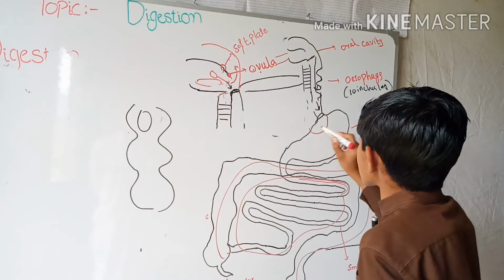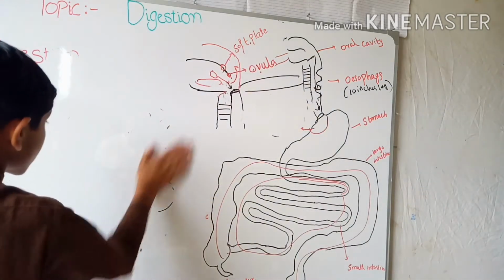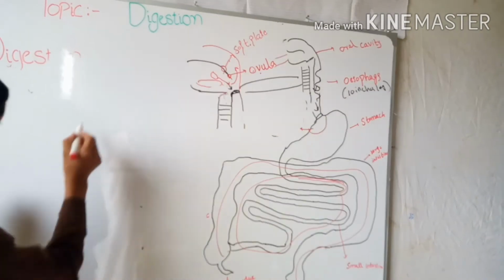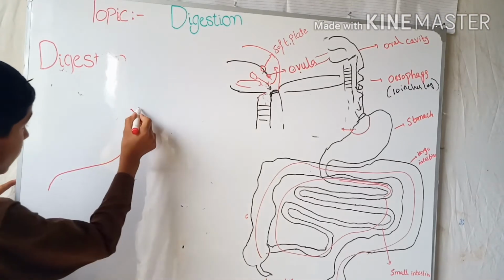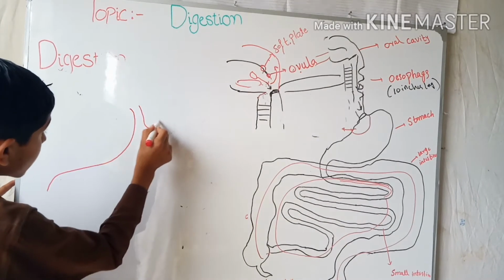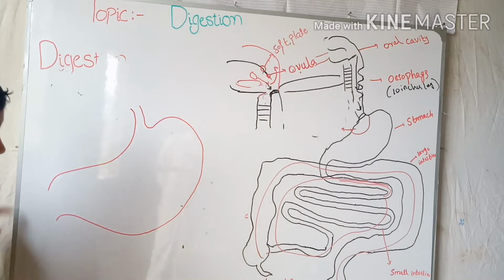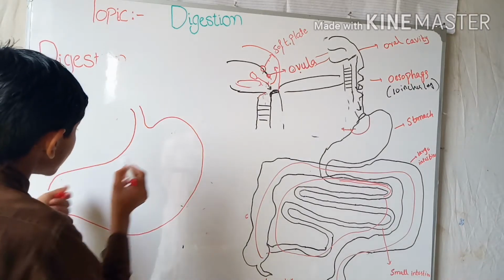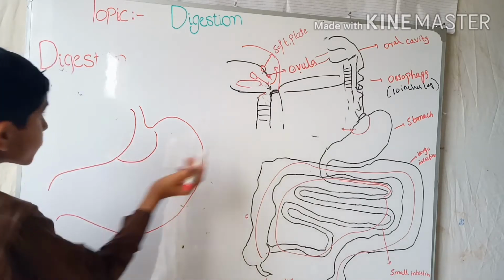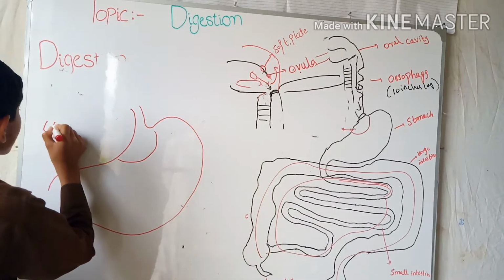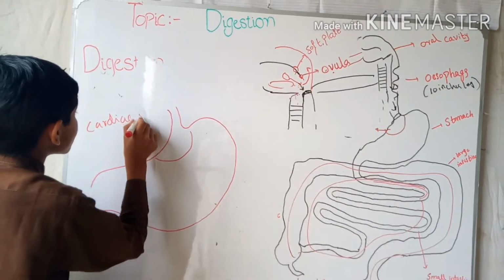This is the stomach. It is divided into four portions. The first portion, this portion, is called the cardiac part.